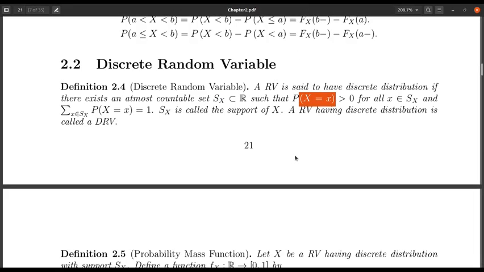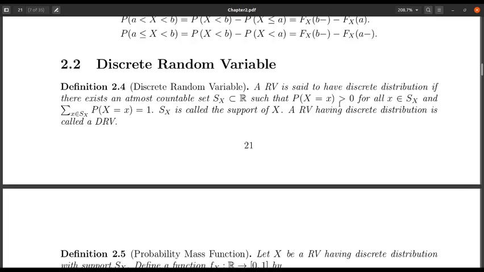We have already pointed out that the probability that X equals x is strictly greater than 0 if we have a jump, a discontinuity, at the point small x. If the cumulative distribution function is discontinuous at the point small x, then the probability that X equals x is strictly greater than 0, and vice versa.